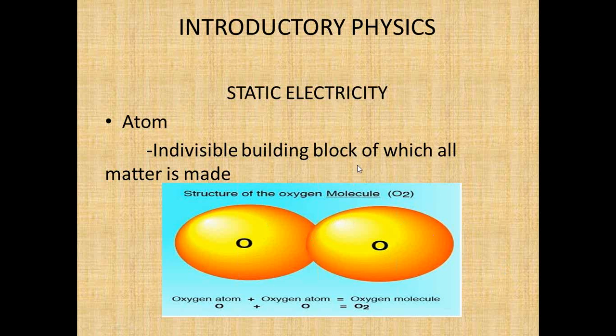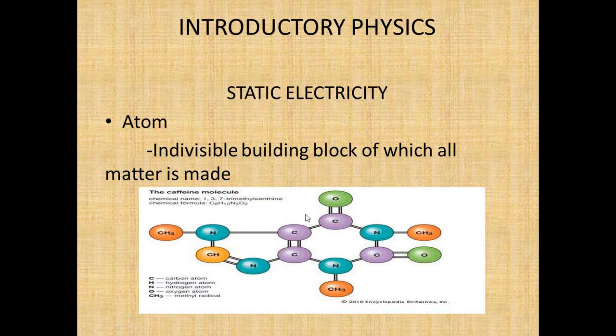Those of you who do chemistry will have a little bit better understanding. This is the caffeine molecule. And you can see that this molecule is made up of several different atoms. So if you were to break down this molecule, you could get the individual atoms, such as you can see that there are some carbon atoms, there are some hydrogen.